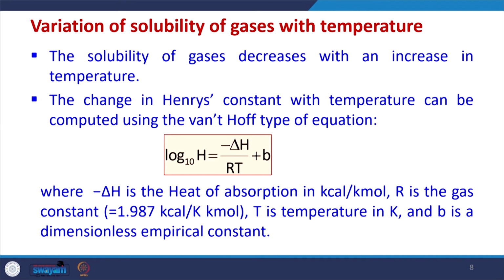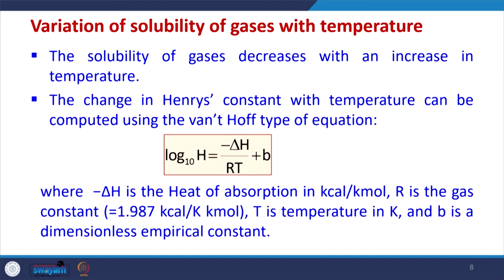Going further, now there is always a variation of solubility of gases with temperature. The solubility of gases, as we have already learned, temperature is one of the important parameters during physico-chemical characterization, because with an increase in temperature the solubility of gases decreases, and our interest is more in oxygen.